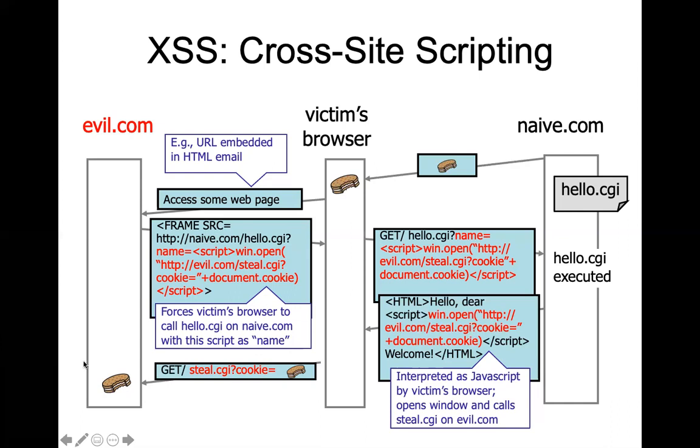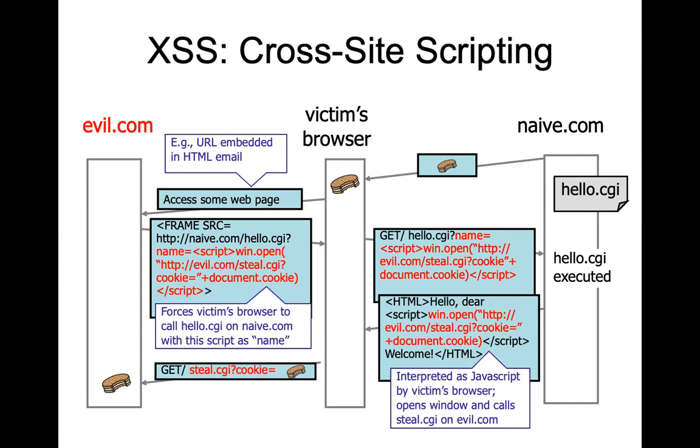Those are other variants. I'm showing the reflected version, which is probably the earliest variant to be discovered, and also probably the easiest to explain because in some sense you can see all the actors, all the steps of this attack.